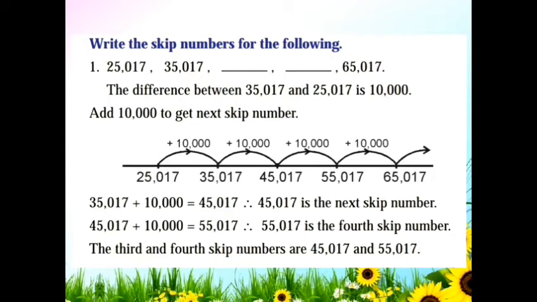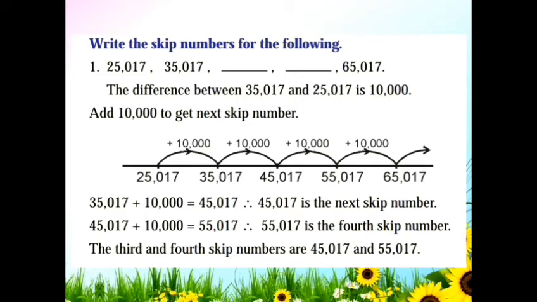Like that, I'll give one more example. 25,017, 35,017, dash, dash, 65,017. What you observe here is the difference between 35,017 and 25,017, which is 10,000. Now we add 10,000 to get the next skip number.